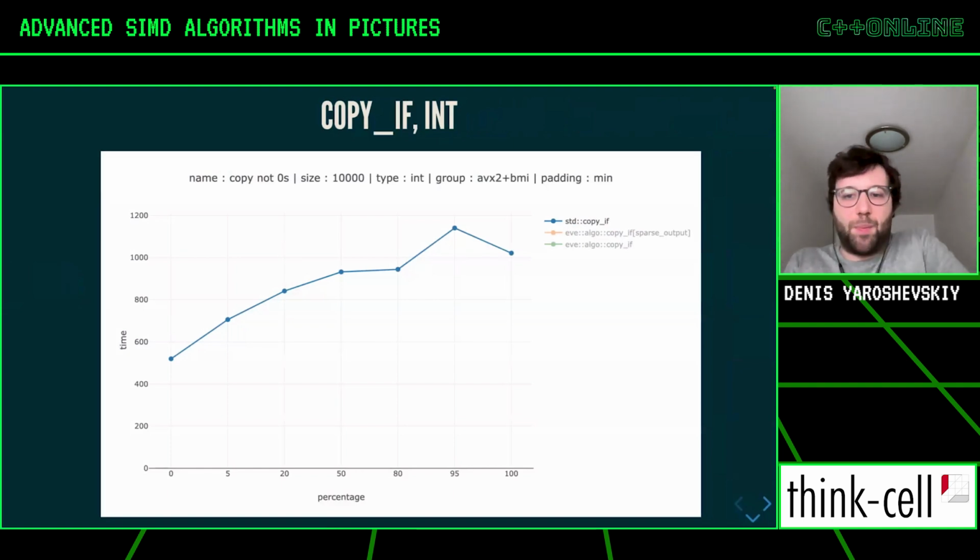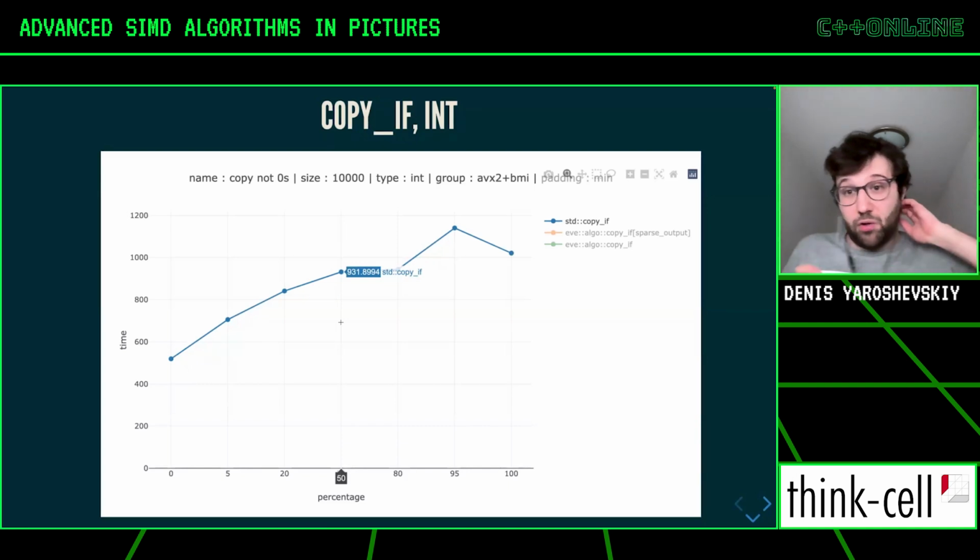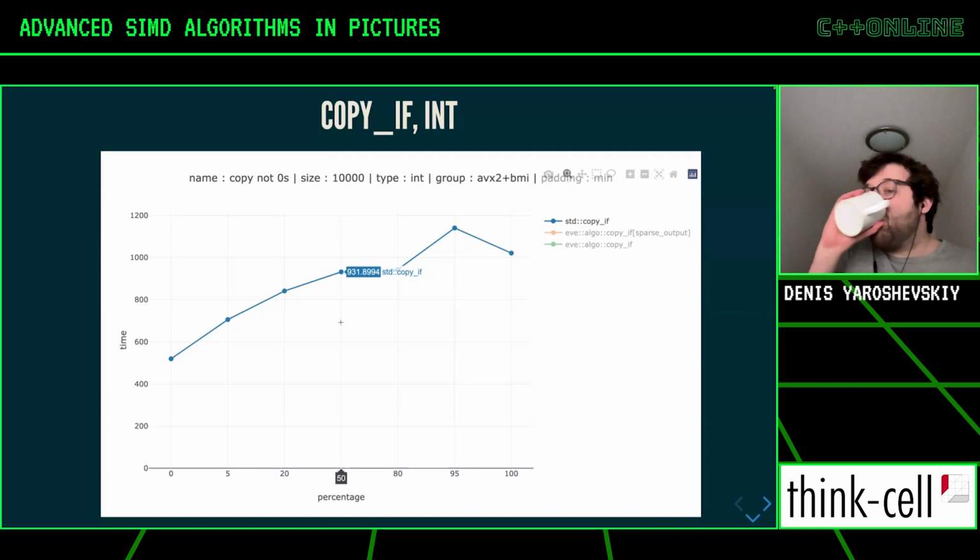So let's have a look at the benchmarks. Okay, so this is standard copy if. This is no elements copied. This is all of the elements copied. This is like half the elements copied. And this is just standard copy if, there's no SIMD yet. Does anybody see anything weird with this benchmark? Well, 95% is something happening. I'm not sure.